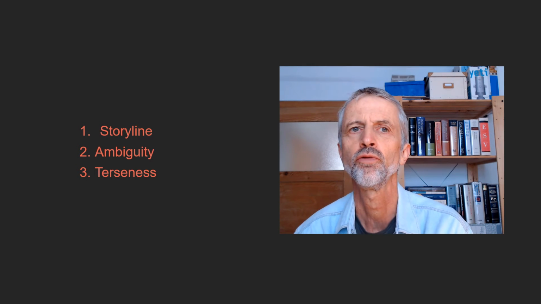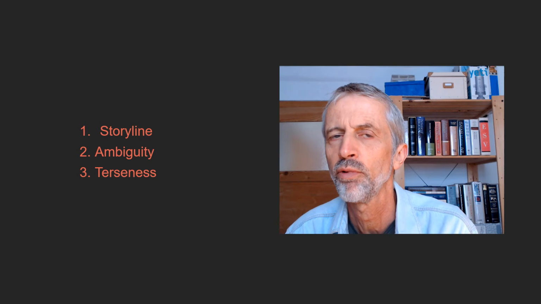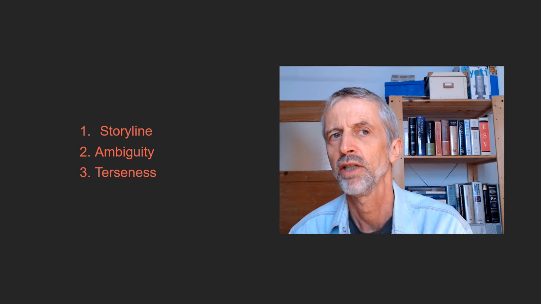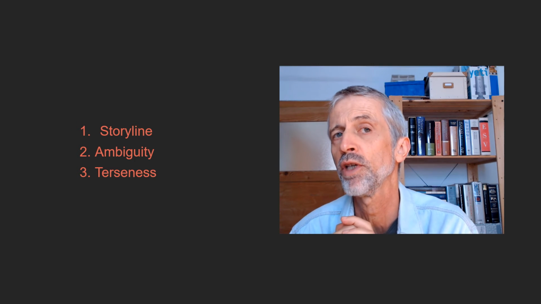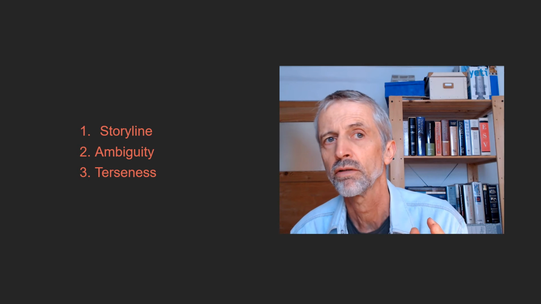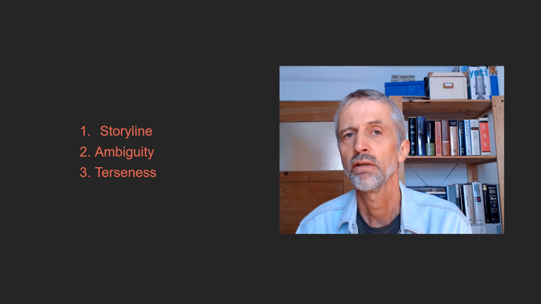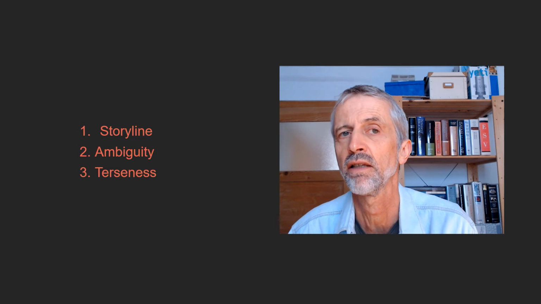This is also true for prose, of course, but there context and storyline provide more help. And then the third reason, and it turns out to be no less characteristic of Hebrew poetry than parallelism, is terseness. The poet, so it seems, is committed to using as few words as he can.